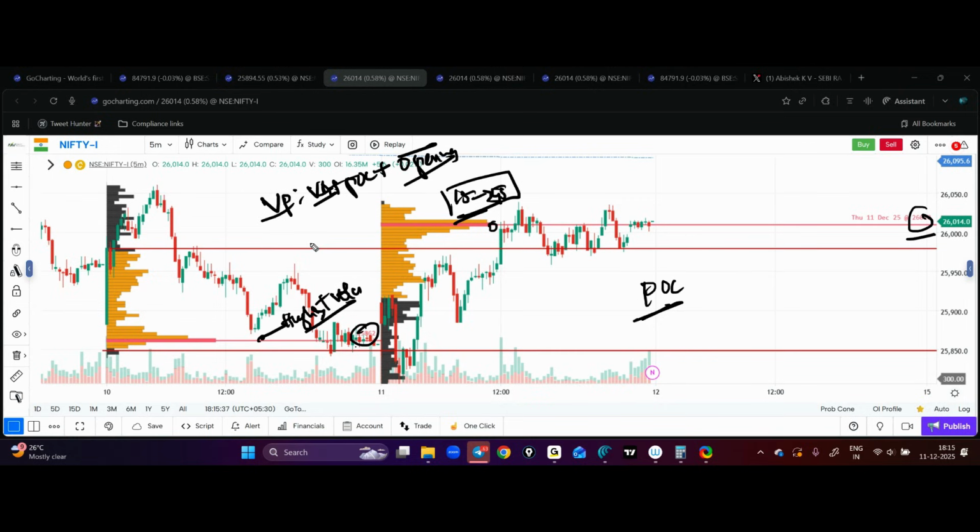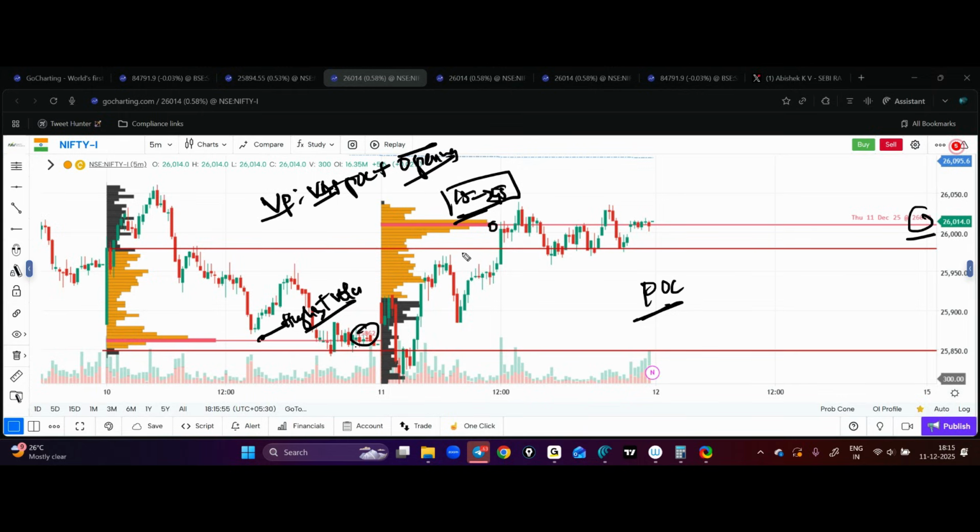But what we are looking at is one particular concept of it that you can learn and explore by yourself. What I look at initially within volume profile is my volume profile shape and structure.